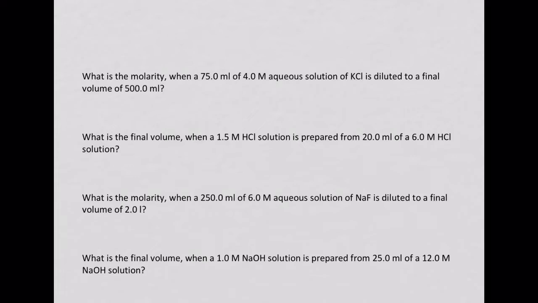So concentration is typically measured in moles per liter, or molarity. And so if we have the molarity times the volume, if it's in moles per liter, that's going to give us moles. If we take the initial molarity and the initial volume, we're going to get the number of moles that are there.